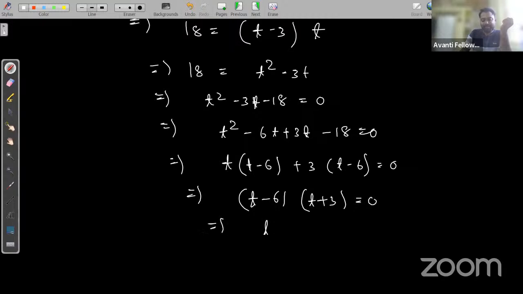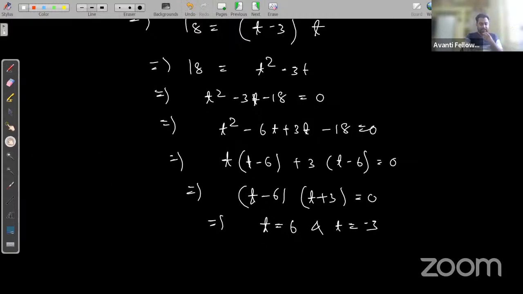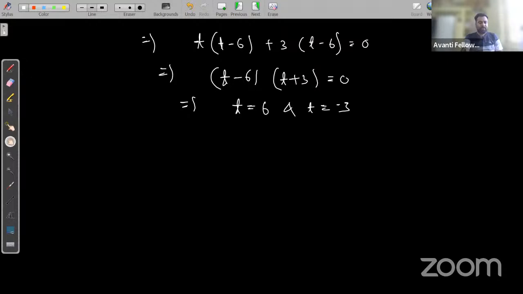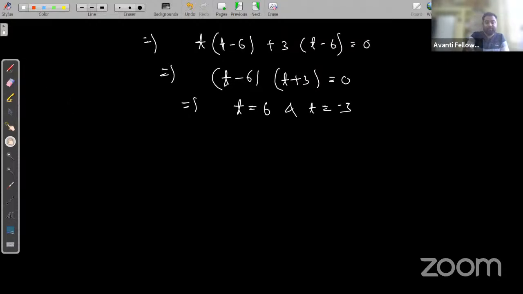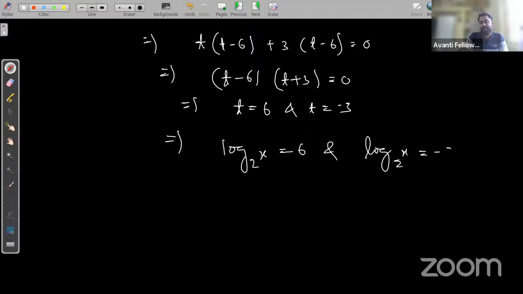So we are getting t is equal to 6 and t is equal to minus 3. If we resubstitute the value of t here, log of x to the base 2 is equal to 6 and log of x to the base 2 is equal to minus 3.